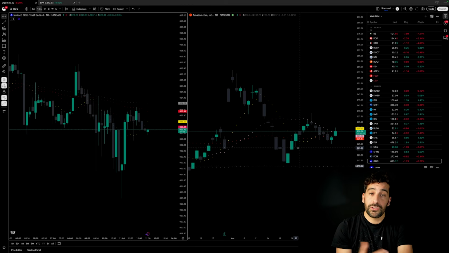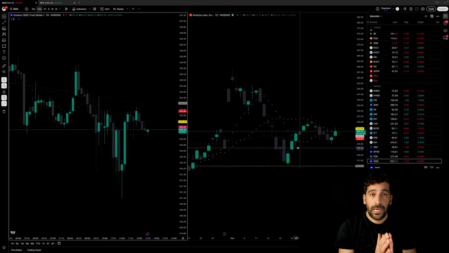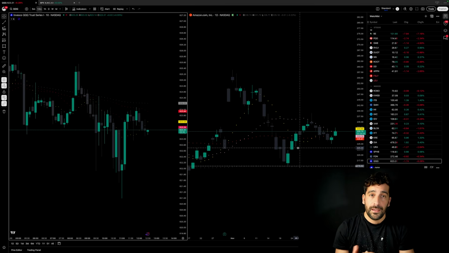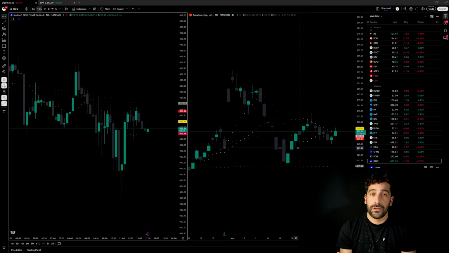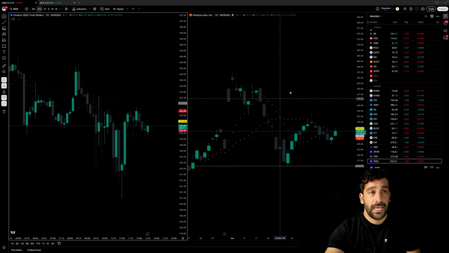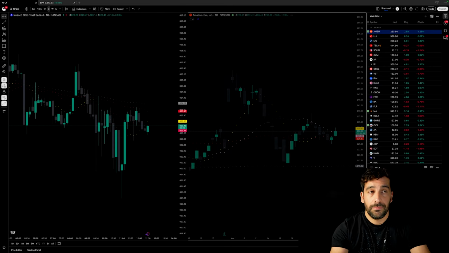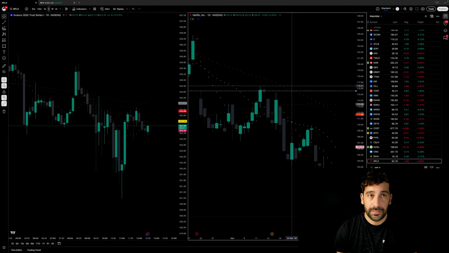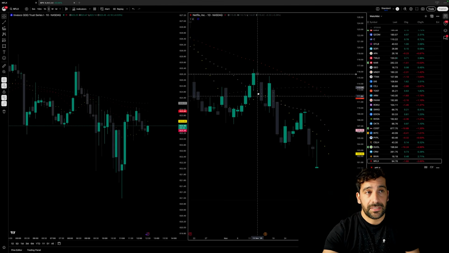Okay, so just to recap, you can compare ETFs to each other, index to ETF, stocks to ETFs or indices. And then within that basket, you can further narrow down your focus to take a trade. I've talked about relative strength, but it works the same way with relative weakness. If you do see a bounce in QQQ, but a stock like, for example, Netflix, and I haven't looked at Netflix today, but it's a pretty good example, actually.